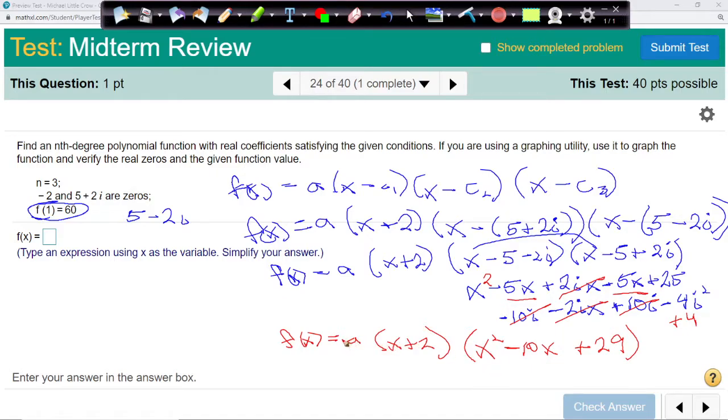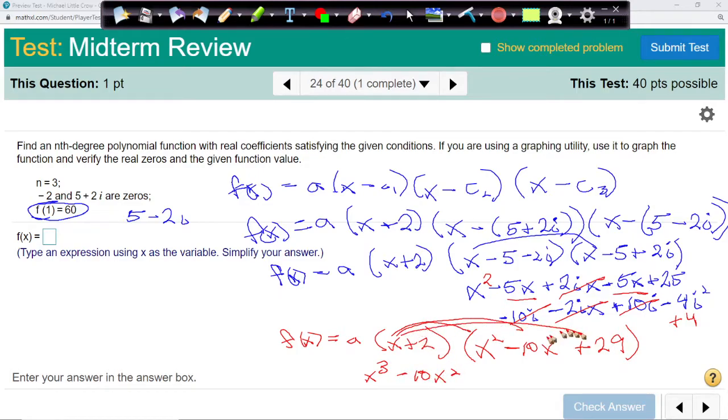We could figure out what a is at this point, or we could just multiply it out. Let's go ahead and multiply it out. x times x squared gives us x to the third. x times negative 10x is negative 10x squared.